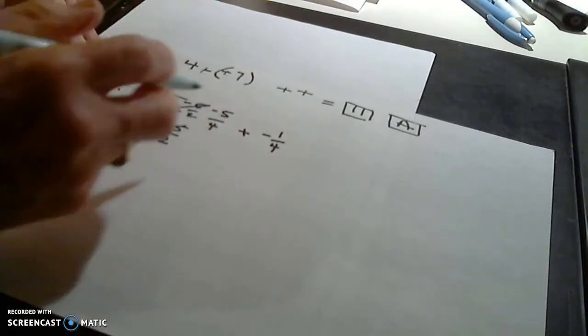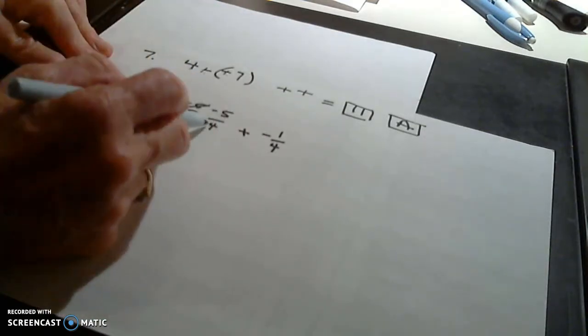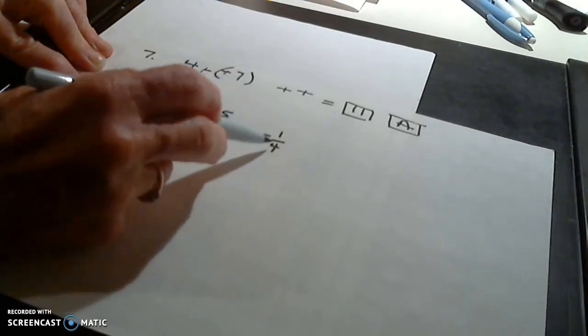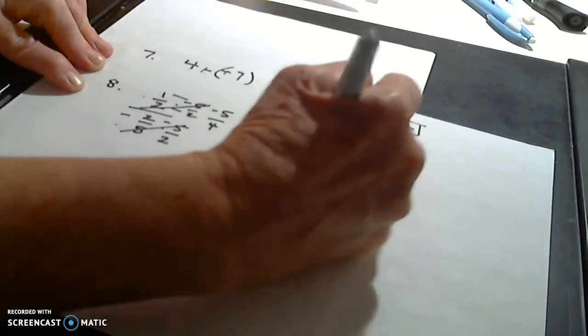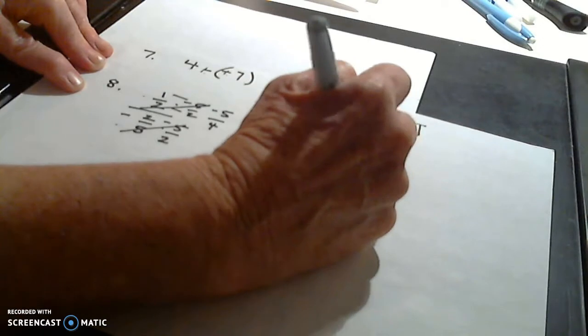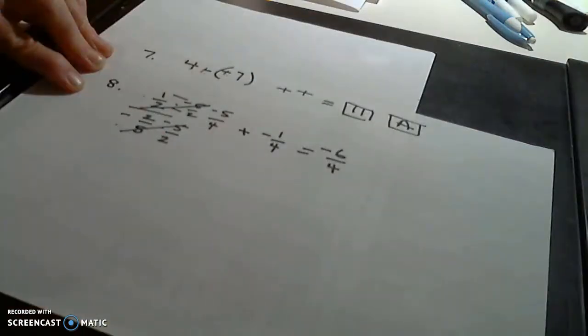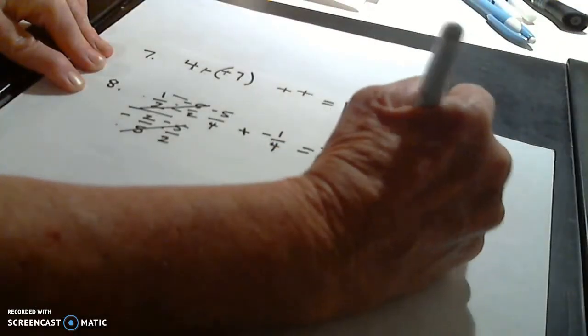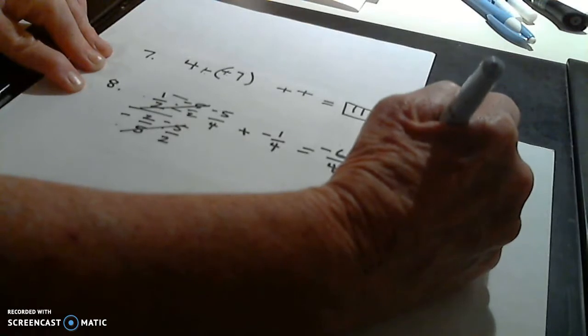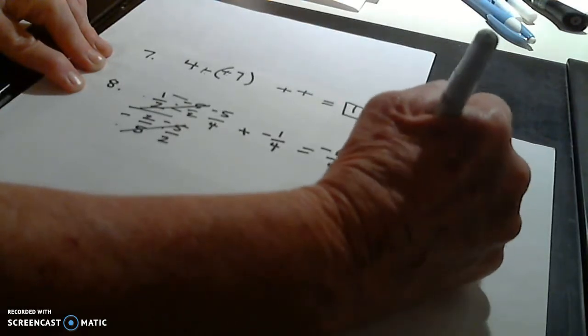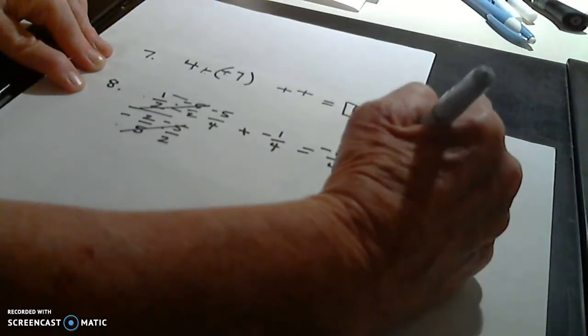This simplifies. So I'm left with -5/4 plus -1/4. The denominator is the same, so I'm going to be left with -6/4. I scan my answer choices, and there are none, so I simply reduce this one step further, divide by 2 on the top and the bottom, and I get -3/2, which you can leave in this form.